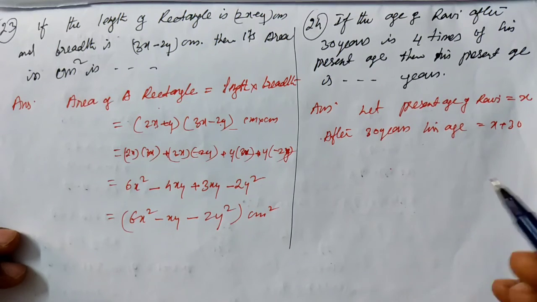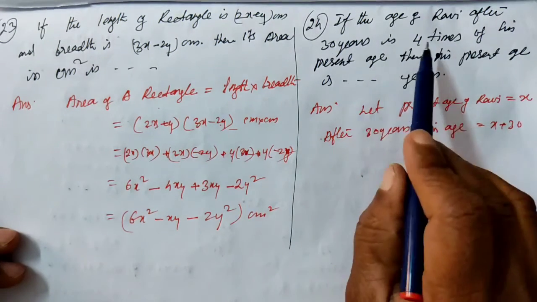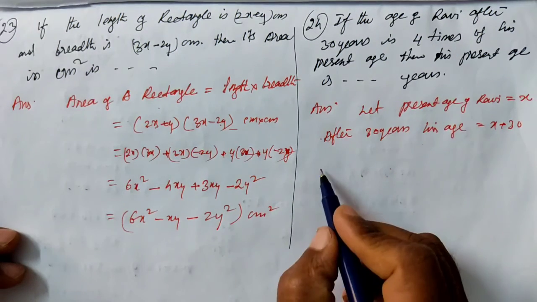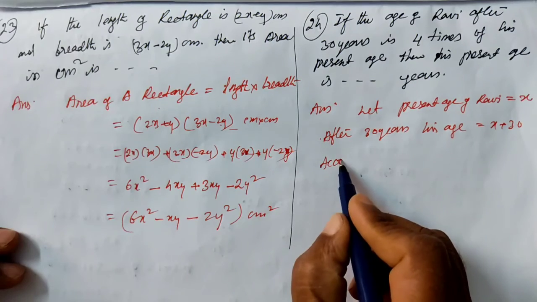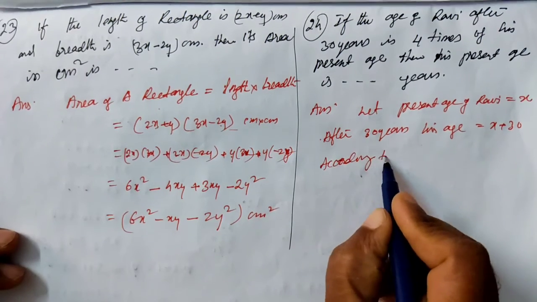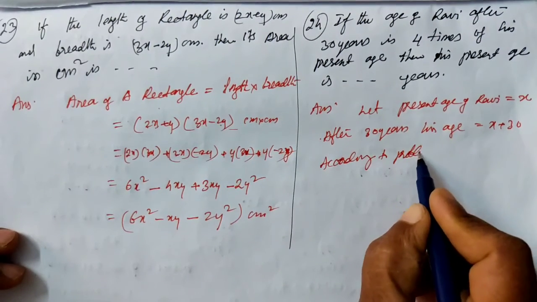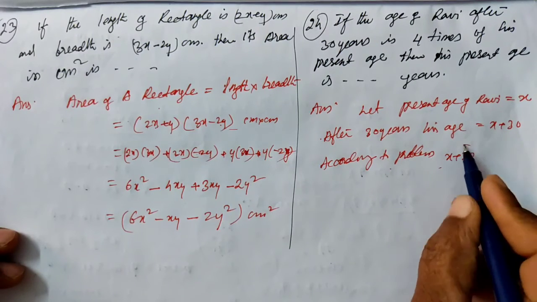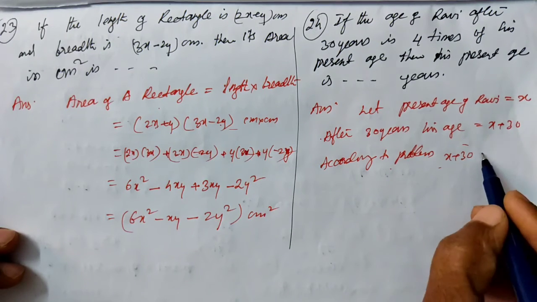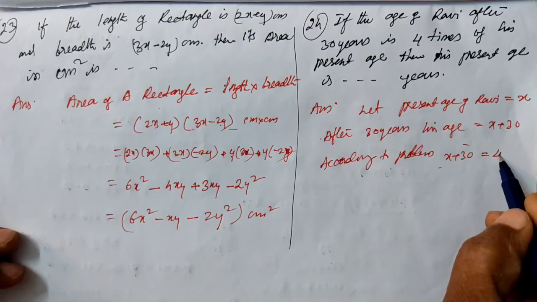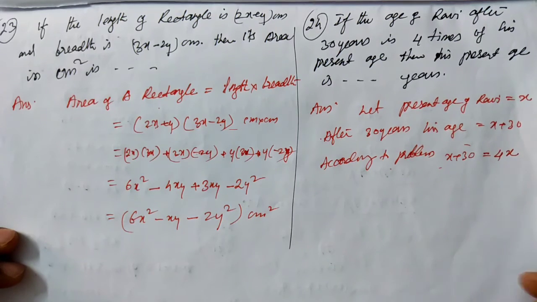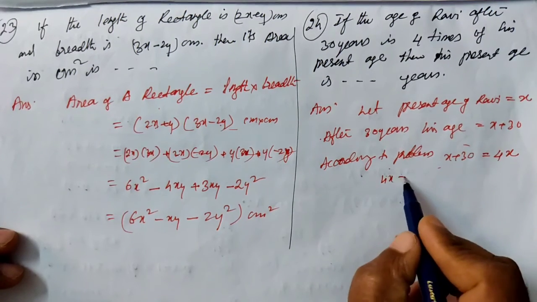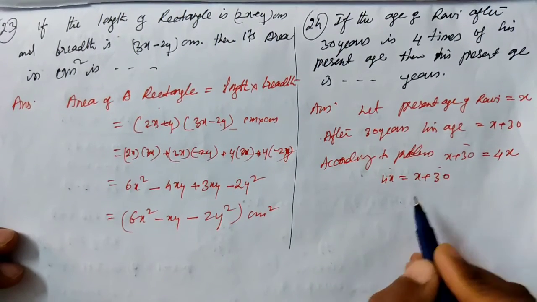So according to this problem, after 30 years his age is 4 times, okay, of present age, that is 4x. Now 4x is equal to x plus 30.